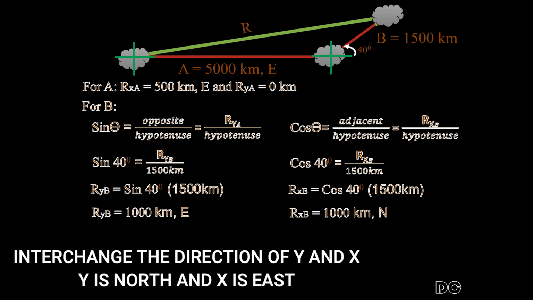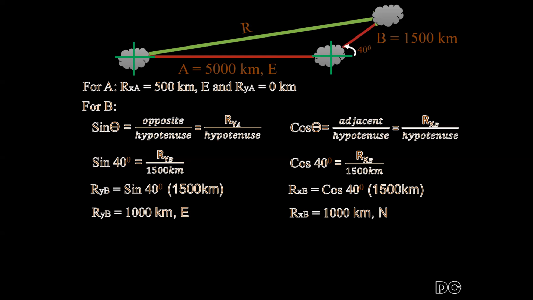And for cosine, which is the adjacent of our angle, is the x component, so r sub xb is equal to cosine 40 degrees times 1,500 kilometers, and that is equal to 1,000 kilometers east, or positive 1,000 kilometers.